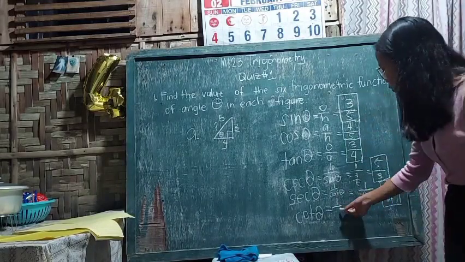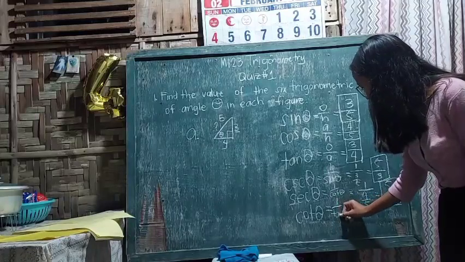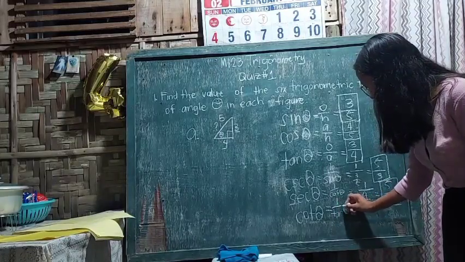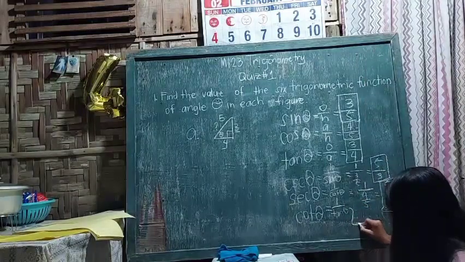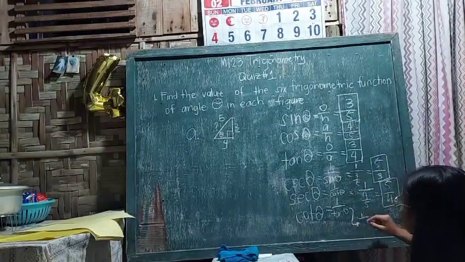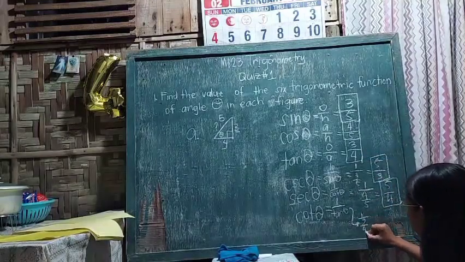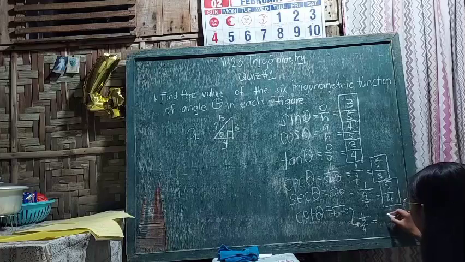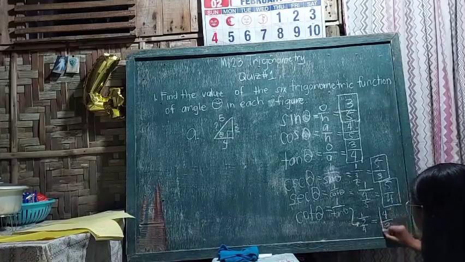It's equivalent to 1 over tangent theta, and its value is 1 over the value of our tangent, 3/4, and it will become 4 over 3.